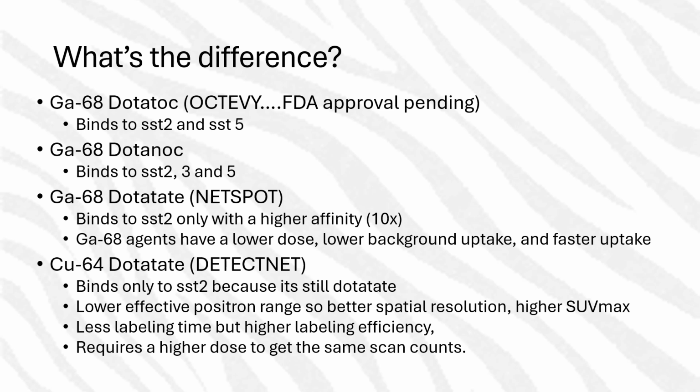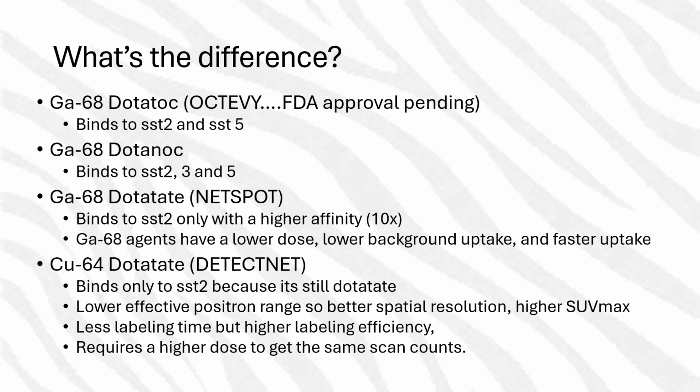With the gallium-68 dotatalk, it's believed to be a little bit more sensitive to neuroendocrine tumors because it will bind to somatostatin receptors 2, 3, and 5. Now, typically when it binds to more receptors, the less increased activity there will be when a tumor is found.